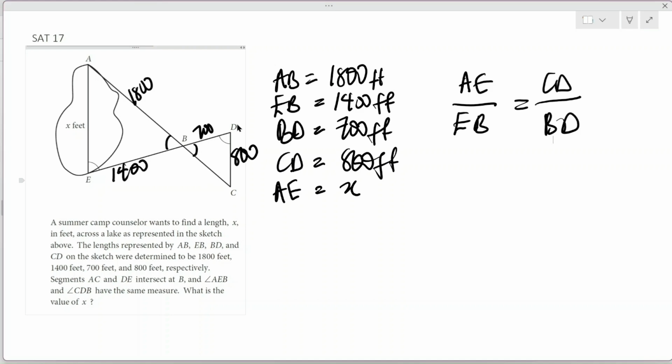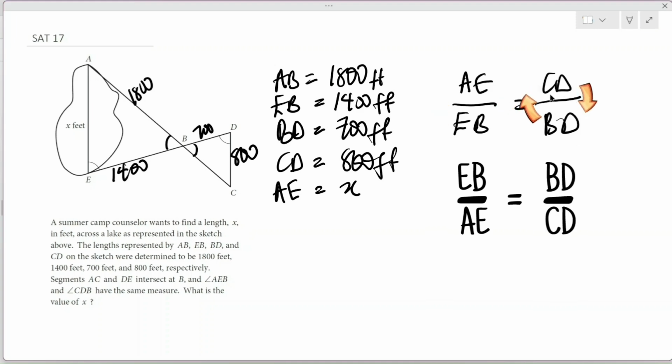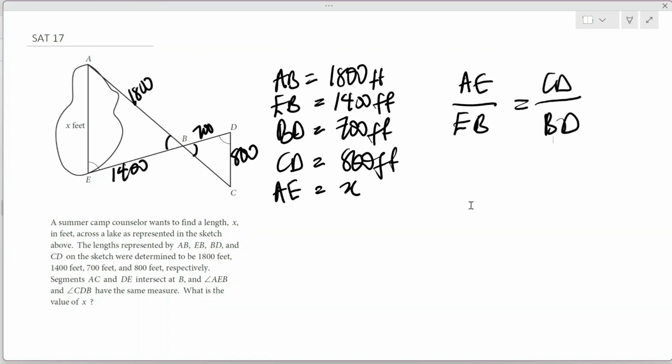Then we take CD, which is the vertical similar to that of the big triangle, over BD, which is similar to EB. So you have to do it in that pattern. You can even choose to put EB over AE, but you must also put BD over CD. Either way, you still get your answer right. So what's AE?